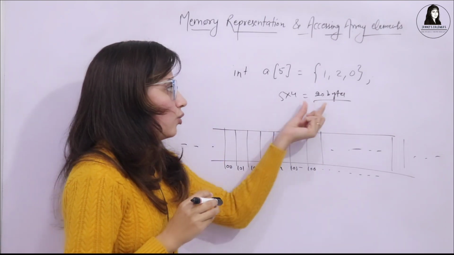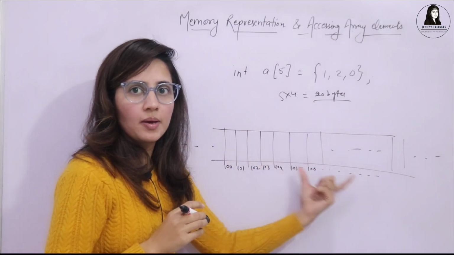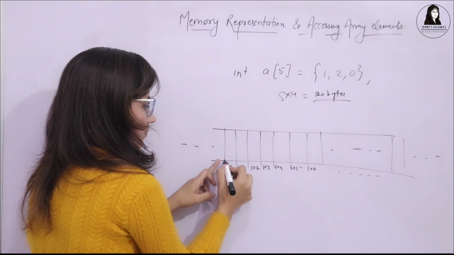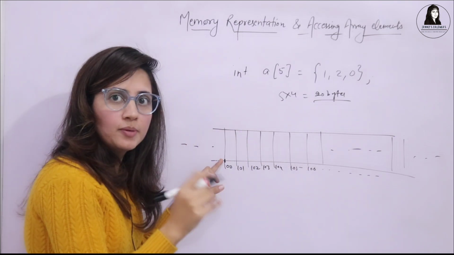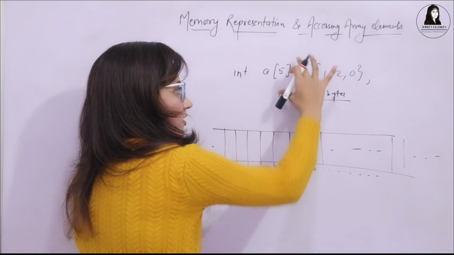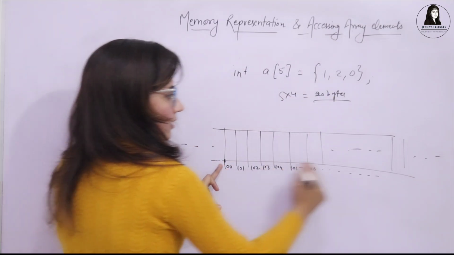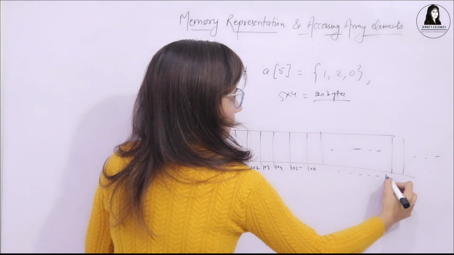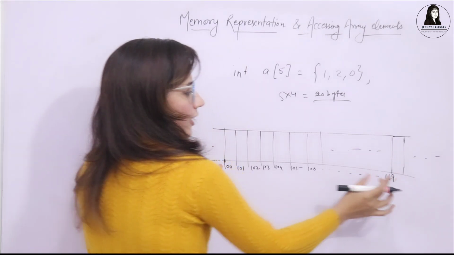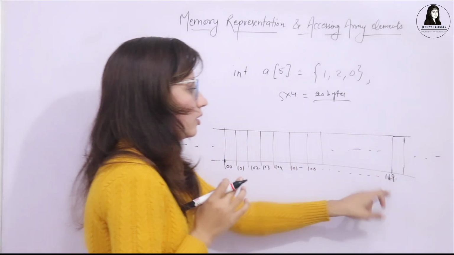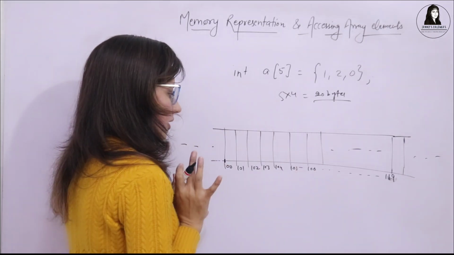And these bytes would be allocated contiguously in memory. Like if the memory manager has started to allocate memory for this array from here, 100, till suppose here, the address of the last byte would be 119, right? From 100 to 119, so 20 bytes are there.